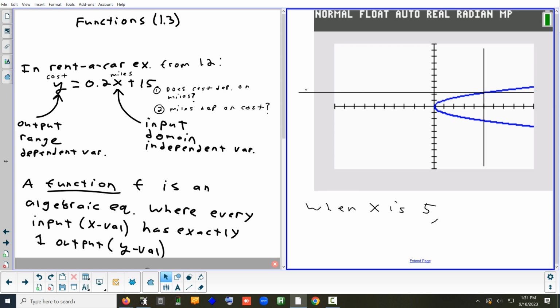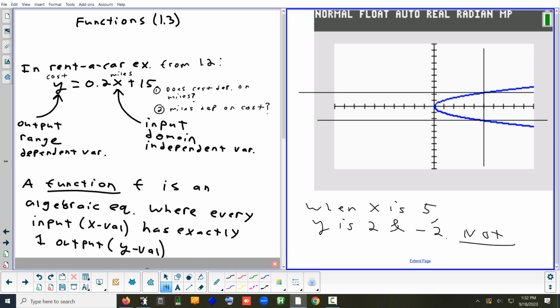Yeah, -2. It's about -2 as well. So there are 2 answers when x is 5. You get 2 output values. That's not good. That's not a function. So when x is 5, y is 2 and -2.